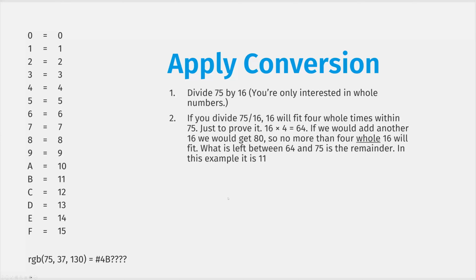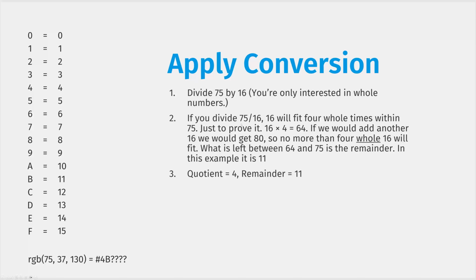I think we got this clear right now. So we have RGB 75, the one we just talked about earlier. We take 75 and divide it by 16. And you're only interested in the whole numbers. So how many 16s will you get inside of 75?